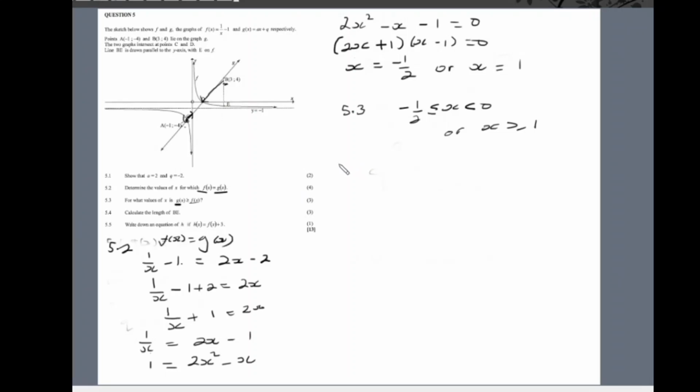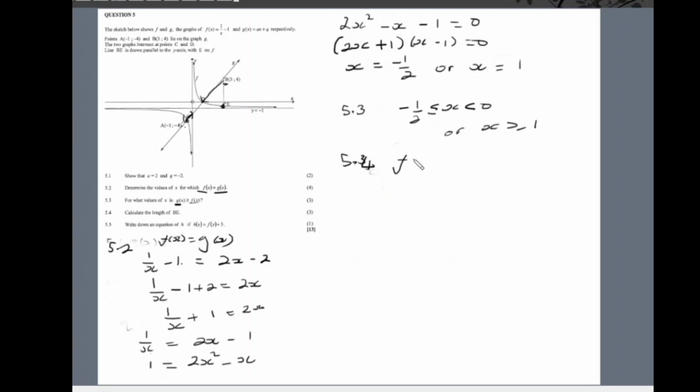Then 5.4, where we need to calculate the length of BE. To calculate the length of BE, you will need to know the value of the function f at BE. The x coordinate of this point E is 3, right?